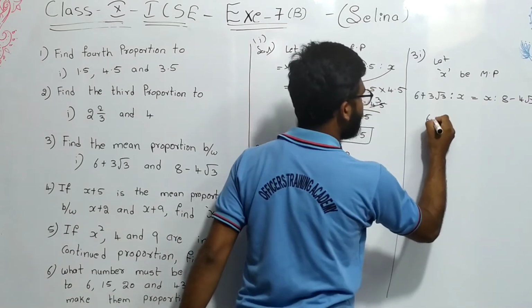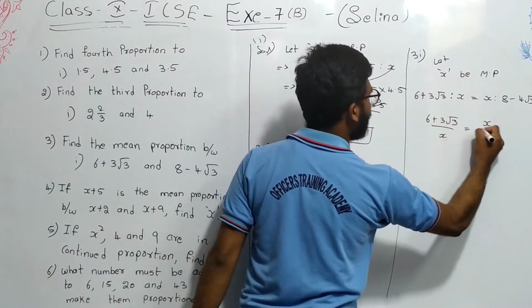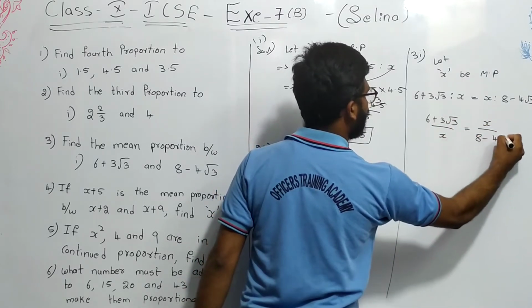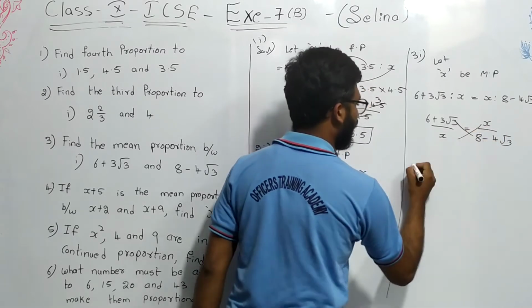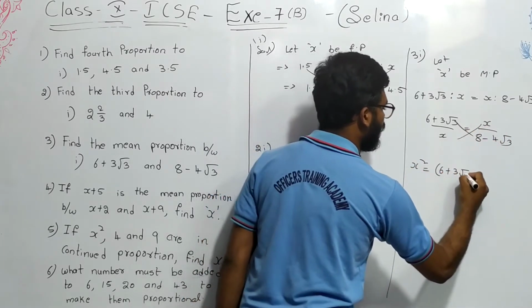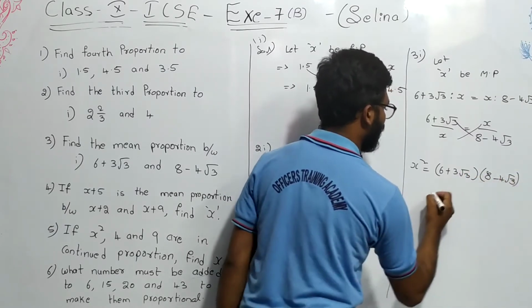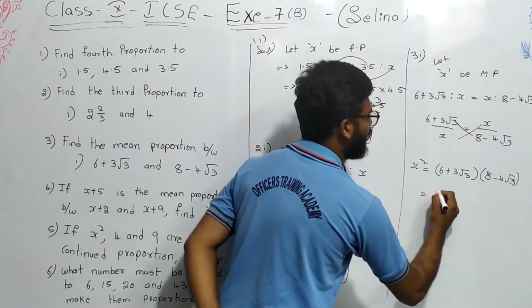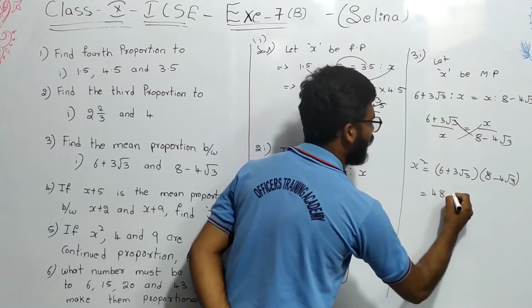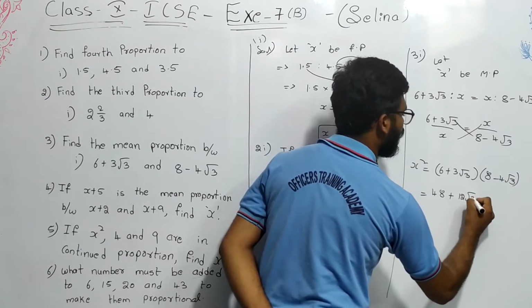So I am writing 6 plus 3 root 3 by x is equal to x by 8 minus 4 root 3. Cross multiplying, x square is equal to 6 plus 3 root 3 into 8 minus 4 root 3.